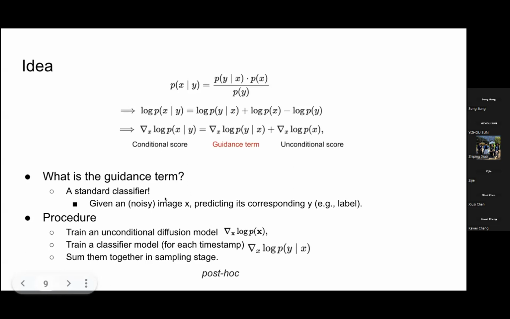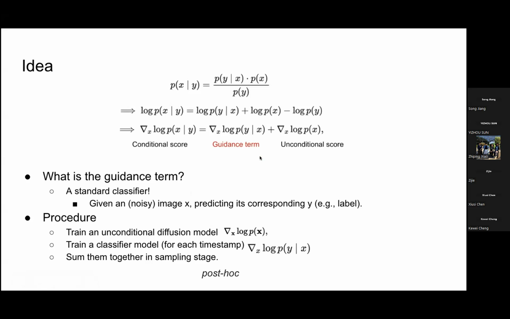For this guidance term, we have an image X, and we want to predict the corresponding Y, which is a label. So this is just a standard classifier, right? It could be a neural network, could be CNN, could be ResNet, could be anything, just like a standard model we use to classify images.